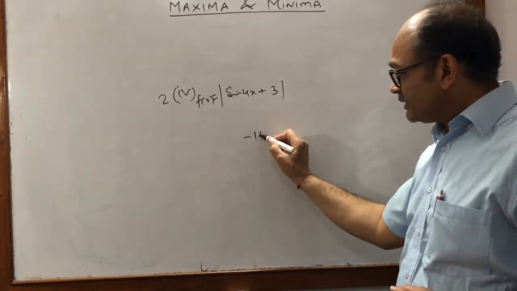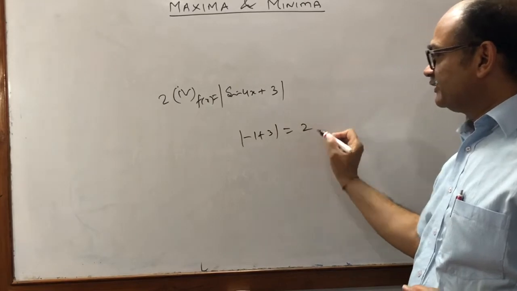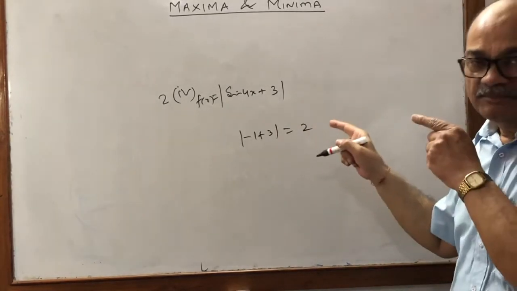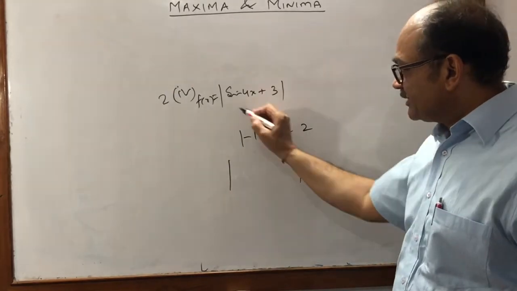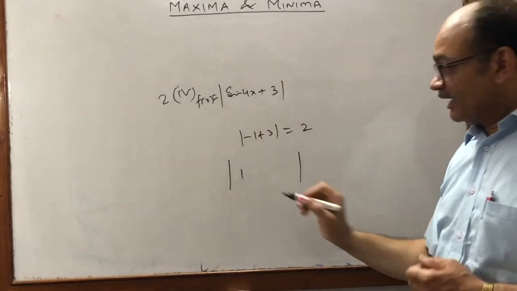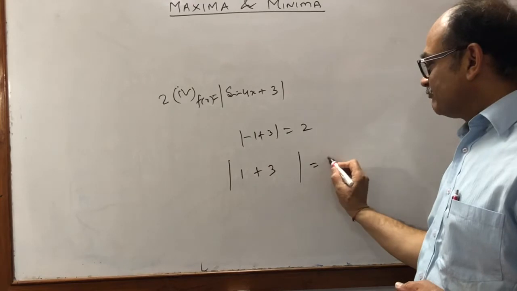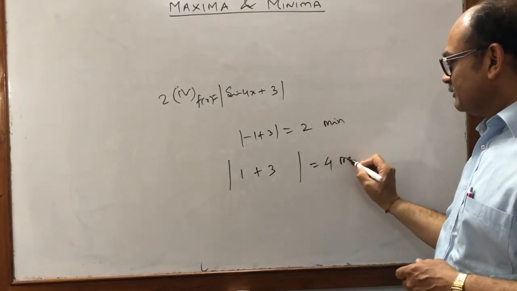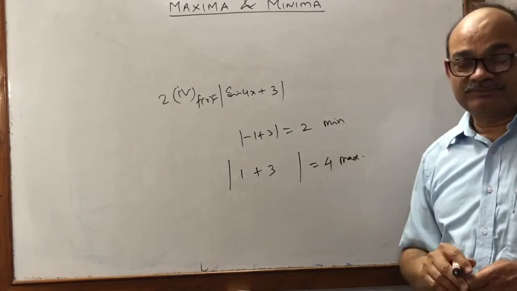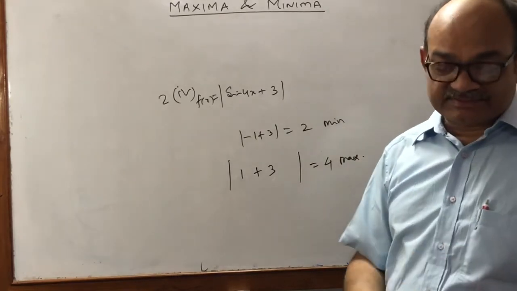And minus 1 plus 3, what are we getting? 2. So this is the minimum value. Now what is the maximum value? Maximum value of sine 4x is 1, and we are adding 3. So maximum value will be 4. So minimum value is 2 and maximum value is 4. Correct? So these type of questions.